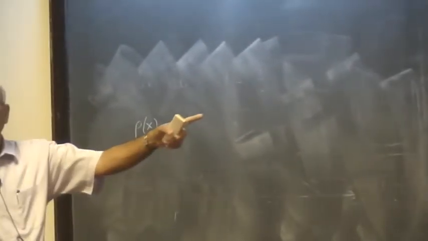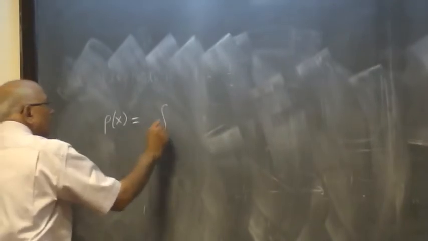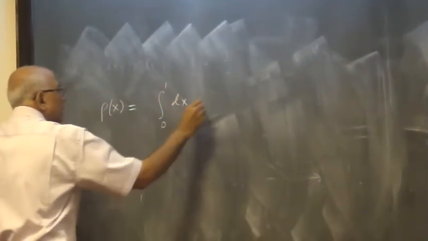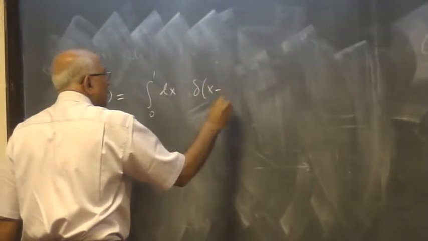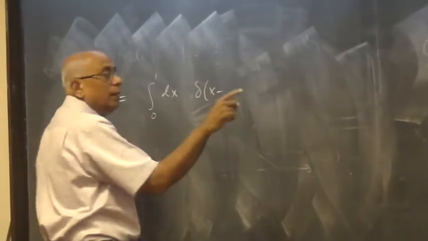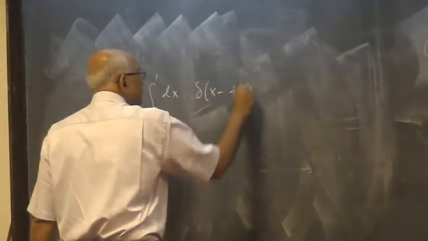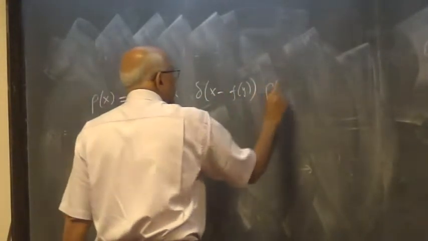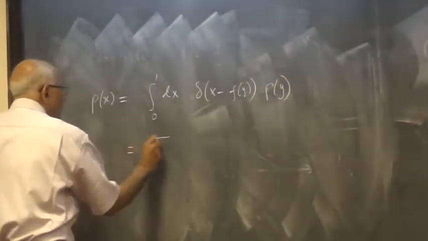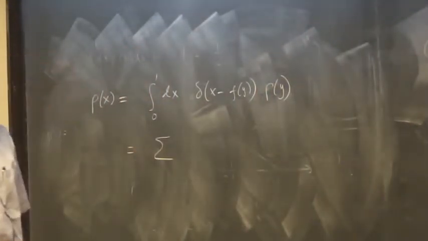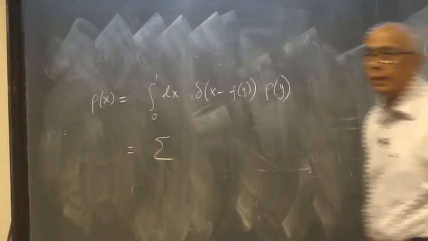So in this case, rho of x, we need the density. Once I find rho of x, I integrate from 0 to a and I should get a number there. This is equal to an integral from 0 to 1 dy, delta of x minus f of y, but x minus f of y is this, 1 over y minus the integer part of it, times rho of y. That's equal to an infinite sum, because now you're going to have to sum over all the branches of this. You subtracted 1 here, 2 here, 3 here, 4 here, and you have to keep track of that.